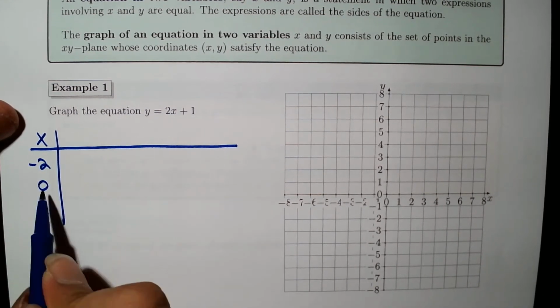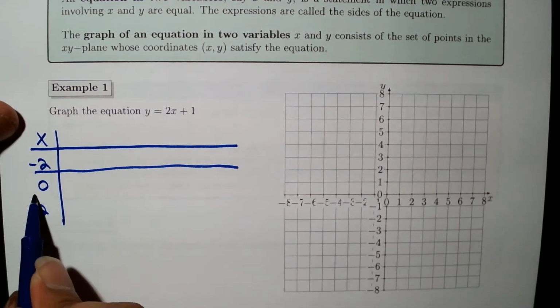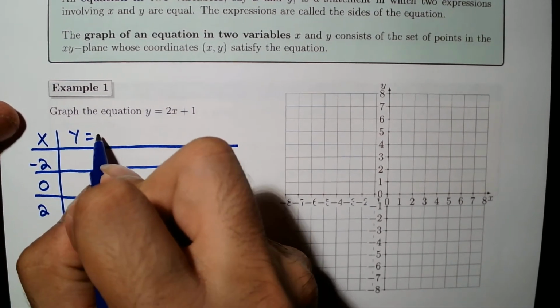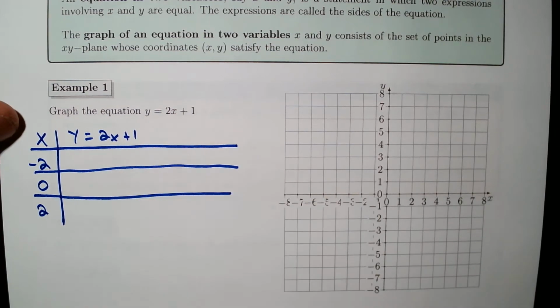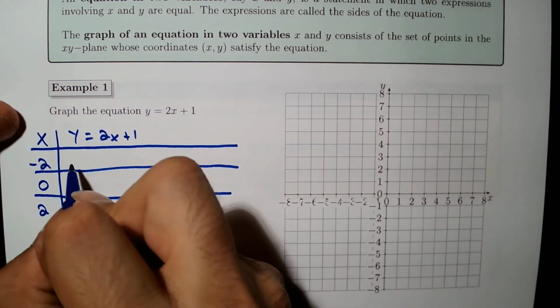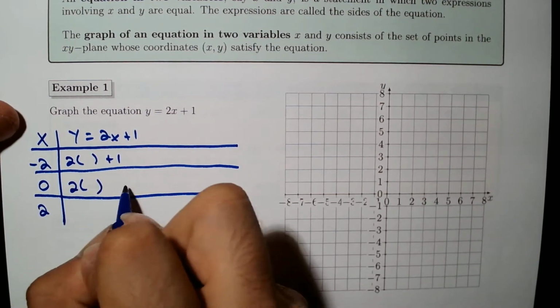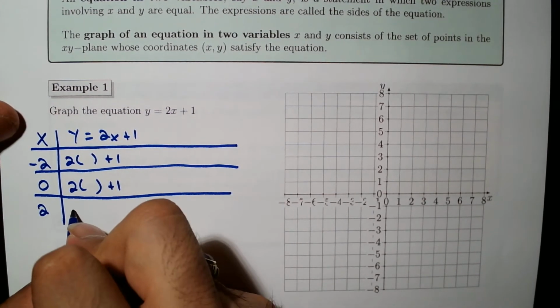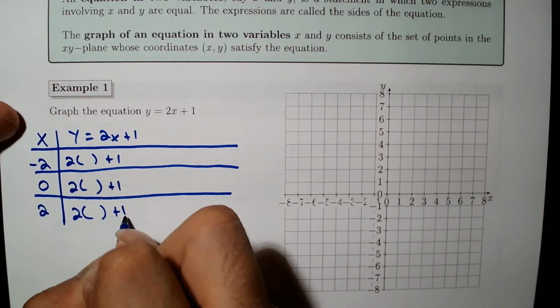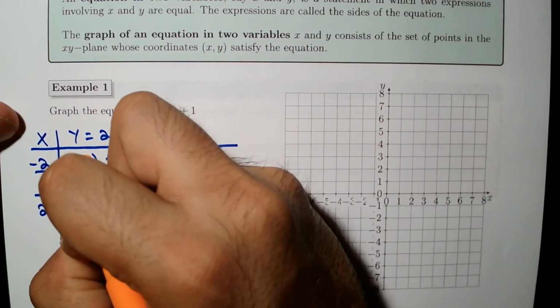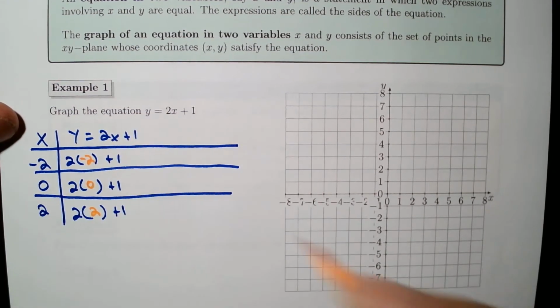So all we do here is make a little table and find y equals 2x plus 1: 2 times negative 2, 2 times 0, 2 times 2, each plus 1.